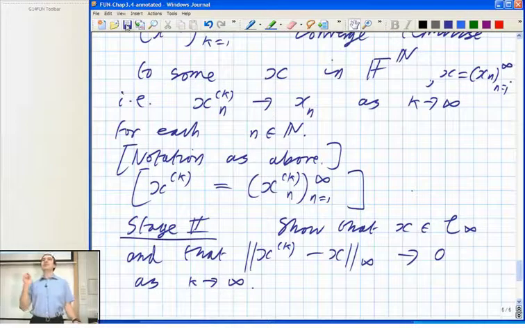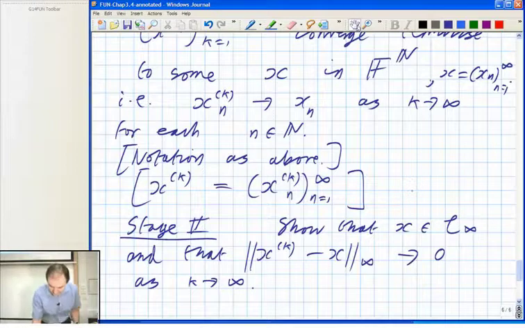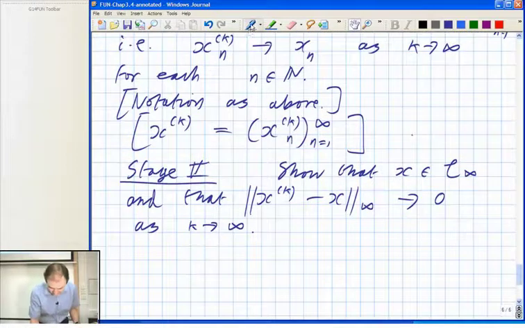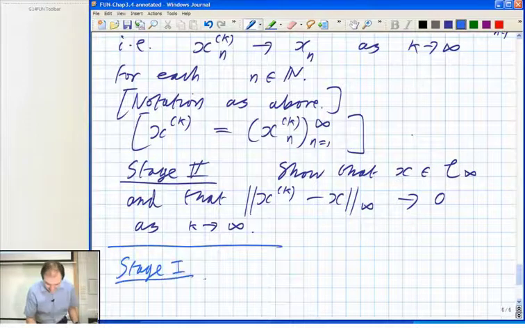So, are people clear on our strategy? We're going to check each component. This is the easy bit. Stage 1 is always the easy bit, and stage 2 is the bit where you have to work a bit harder. So, okay, here we go, for stage 1. Let n be a natural number.